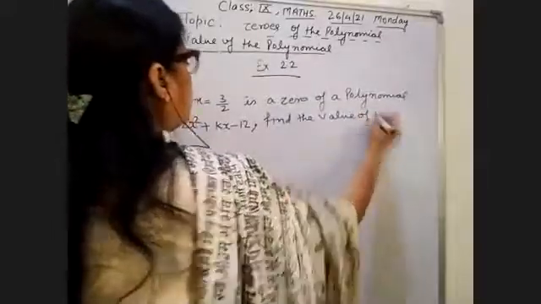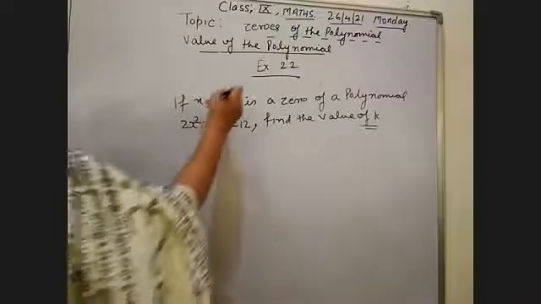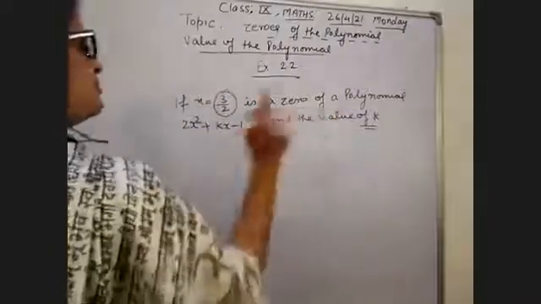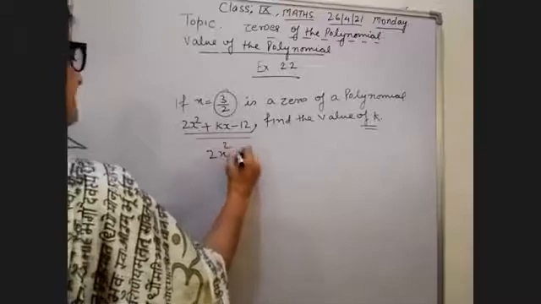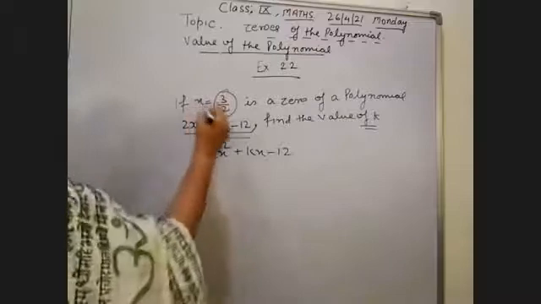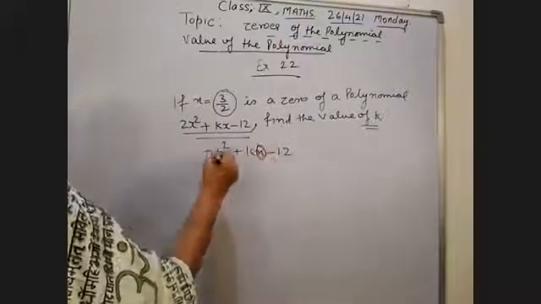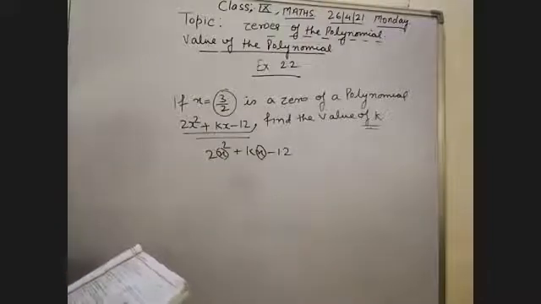How will you find the value of k in this question? When x equals 3/2 is a 0 of the polynomial, it is given, so you have to put in place of x the value 3/2.